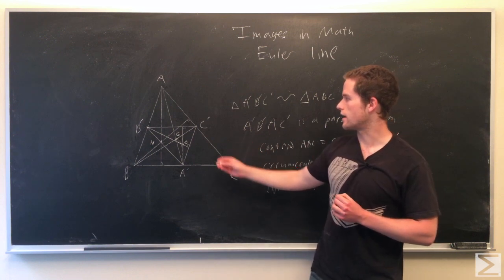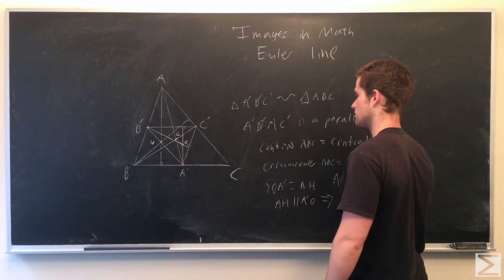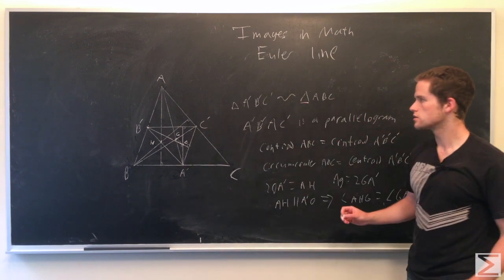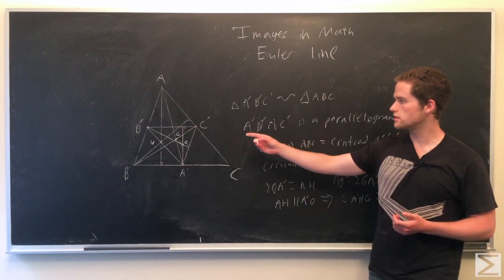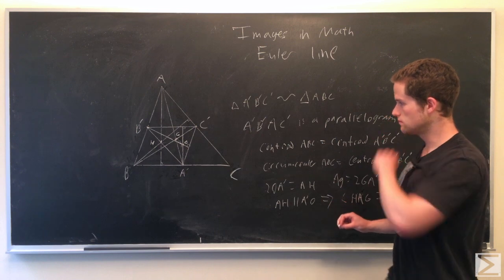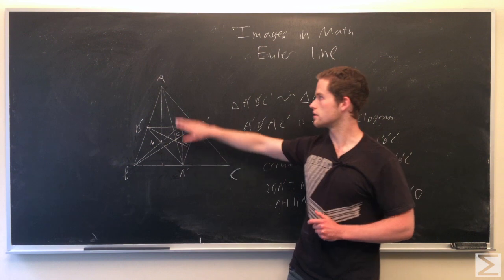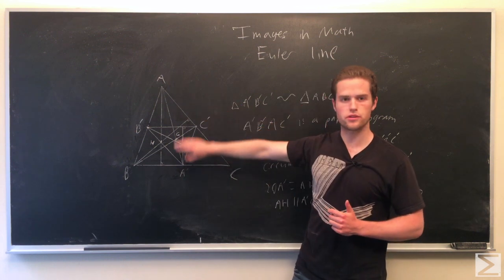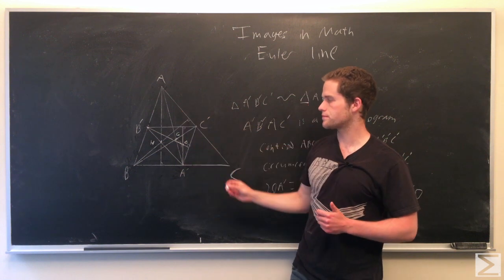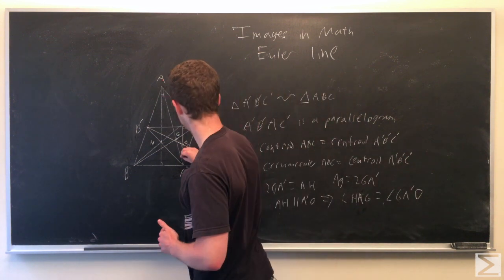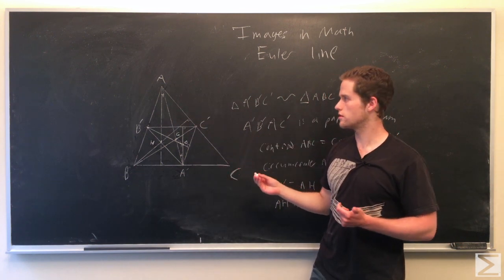So AH is parallel to A prime O. Since they're parallel, angle HAG equals angle GA prime O, because AA prime is a common line for both these triangles, and we know that AH is parallel to OA prime. So those angles line up, and these two sides are in common ratio to each other.